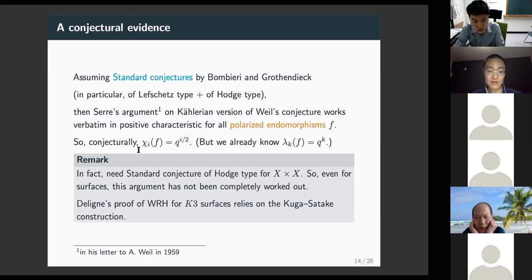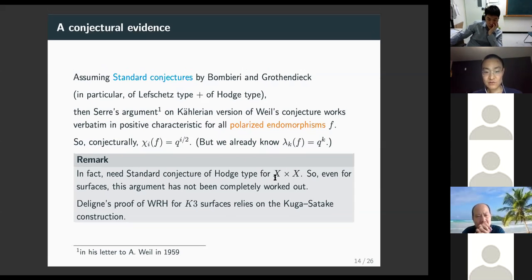So conjecturally, chi_i of F is equal to q to the half i for any polarized endomorphism. And again, the other side is easy: lambda_k of F is q to the k. Okay, so here's a remark. In fact, we need the standard conjecture of Hodge type for the product variety.